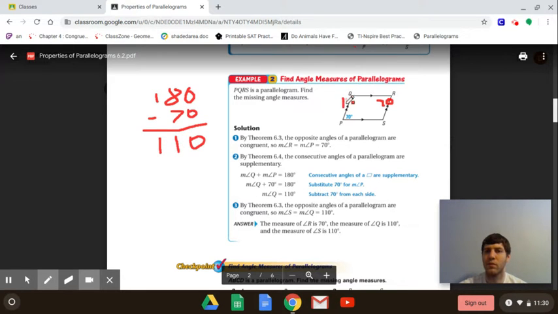Okay, so 110 here, and then opposite angles are congruent. So we also have 110 down here for the measure of angle S. So the measure of angle Q is 110, the measures of angle P and R were 70, and Q and S were also 110.